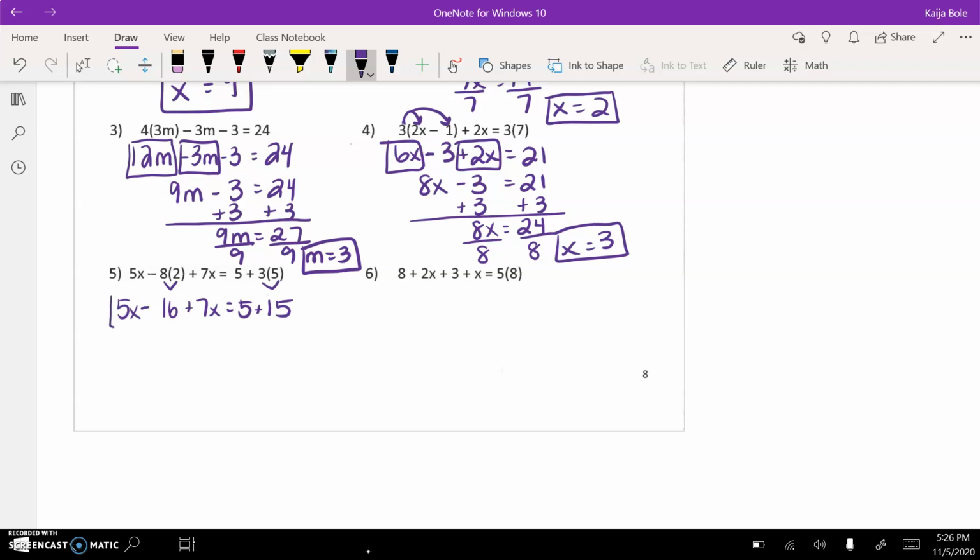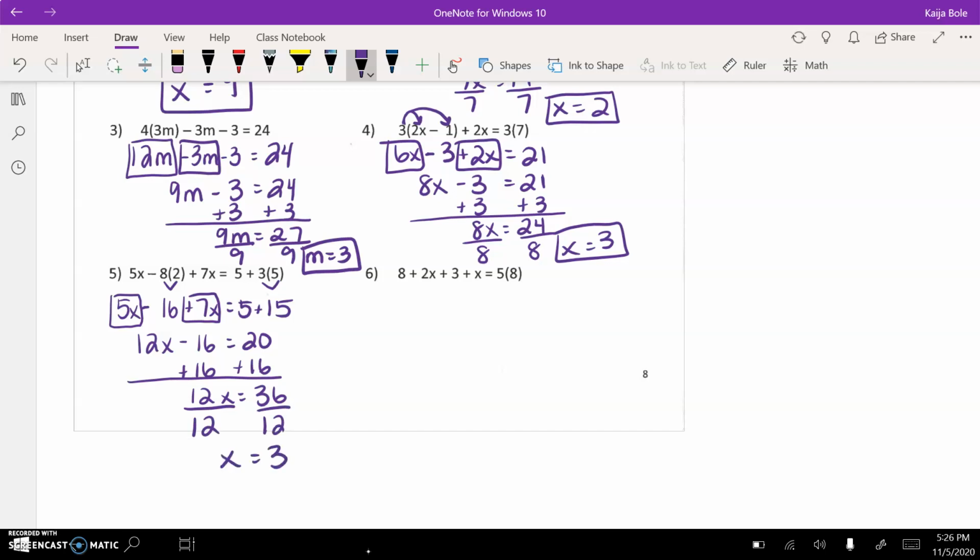So on the left-hand side, I've got 5x plus 7x, so that would give me 12x minus 16 equals, and then on the right-hand side, 5 plus 15 is 20. I'll add 16 to both sides. I get 12x equals 36. Divide by 12 on both sides, so I get x equals 3.